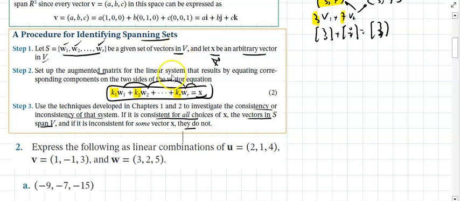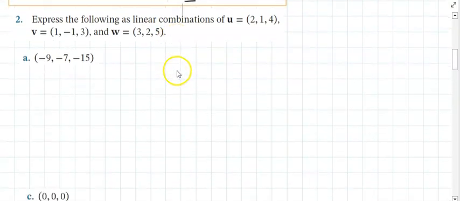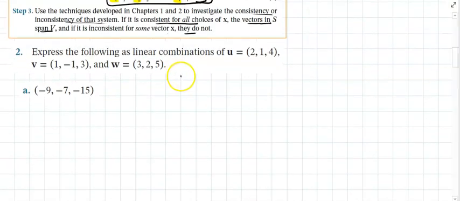Well, let's look at an example and see how this works. In this vector space, we have the following 3 vectors. They give us a vector right there, and they say, is this a linear combination of those three? It could be, it could not be.